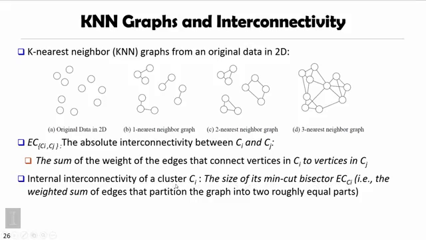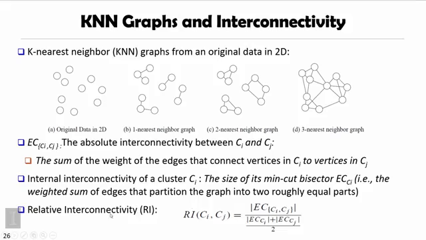The weighted sum of the edges that partition the graph into two roughly equal parts. Then the relative interconnectivity RI for C sub i and C sub j is defined by their absolute interconnectivity divided by, or normalized by, the average of their respective internal interconnectivity.